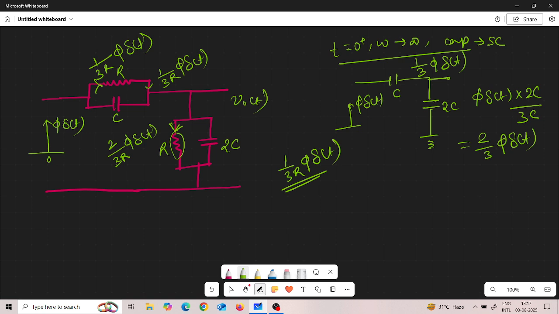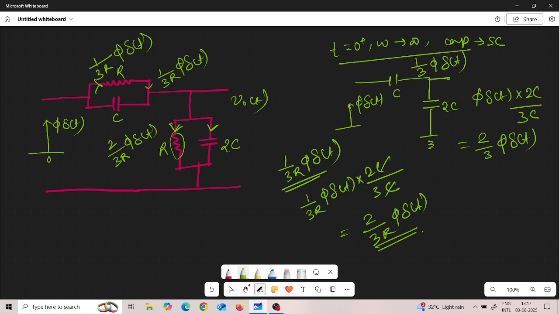This amount of current is divided across these two capacitors. If we apply the current divider rule, we can easily find the amount of current flowing through this capacitor. It will be 1/(3R) Φδ(t) into 2C by 3C, so it will be 2/(9R) Φδ(t). Now as we know the current, we can easily find the voltage.